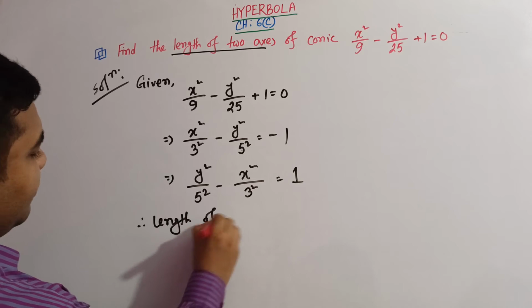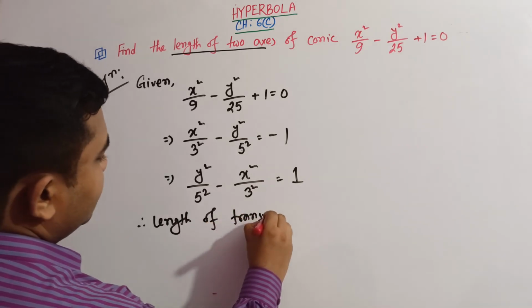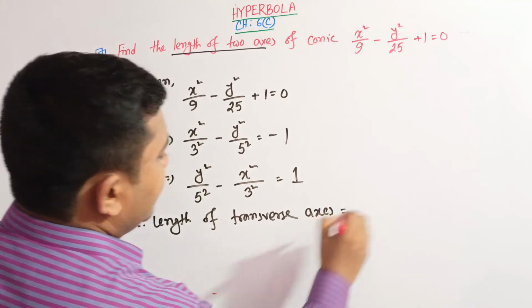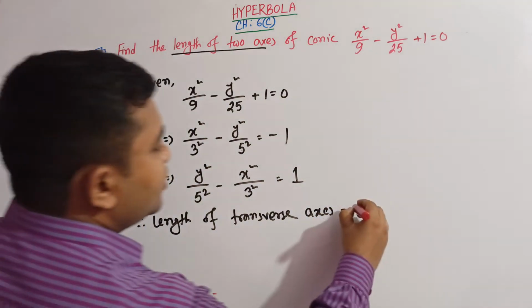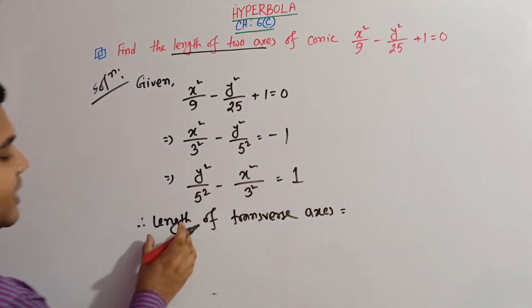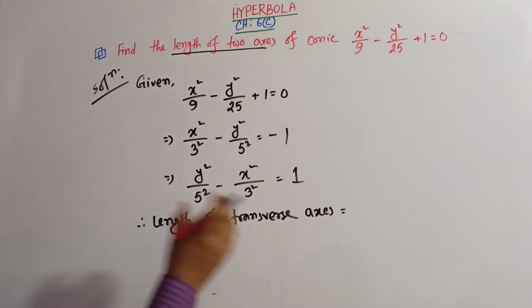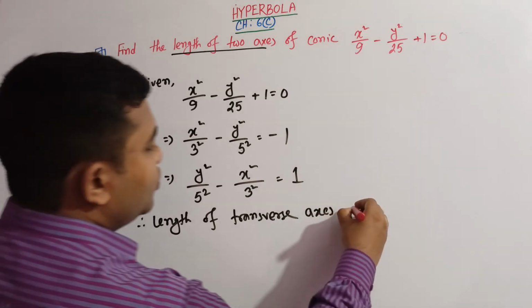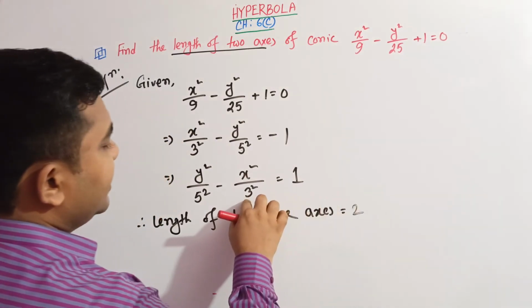So the length of the transverse axis should have been 2b. Here it should be 2b, because that was 2a and 2b, but here we will actually get 2b.